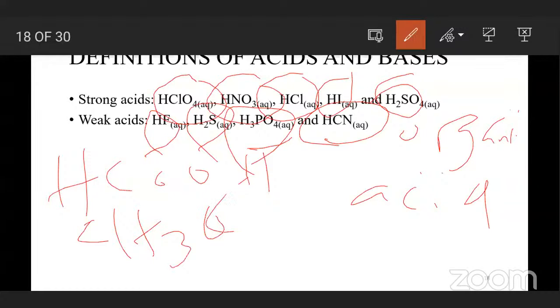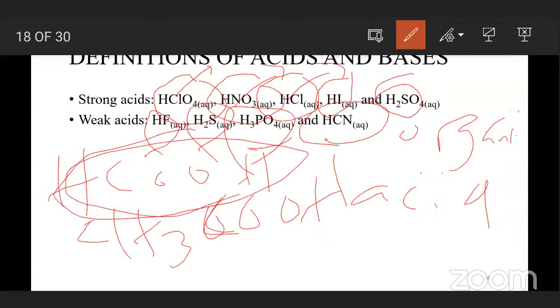Those are organic acids and they are generally weak acids. So in case you are asked to mention three weak acids, or you have options that the following are strong acids except, and they mention HClO4, HNO3, HCl, and then you have HCOOH as part of the options, then you know what to choose.